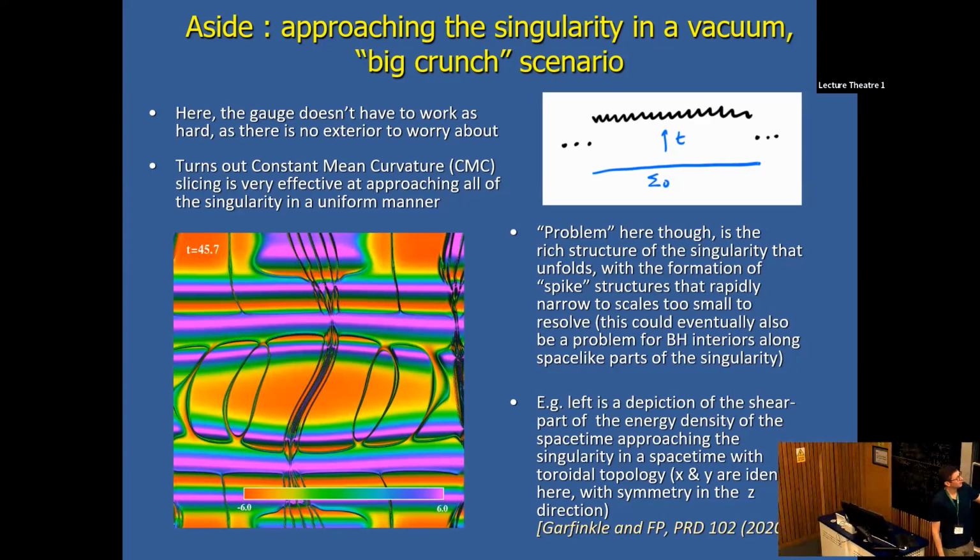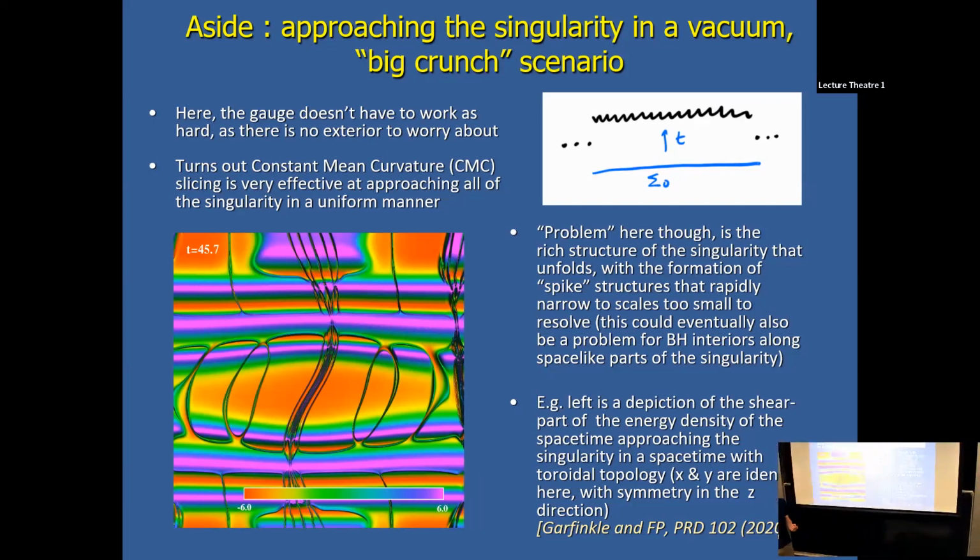This is the shear of the spatial energy density of the slices. So it's related to curvature. It's part of some projection of the Weyl tensor on the spatial slices.